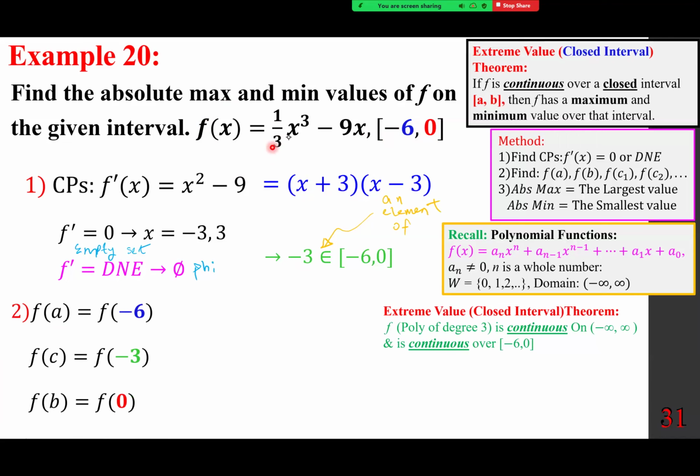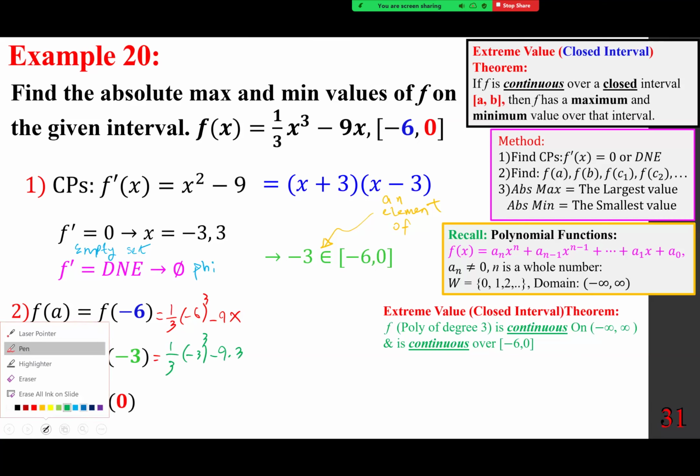So put -6 in there, means... put -3 in there, means... f of 0, just plug in.